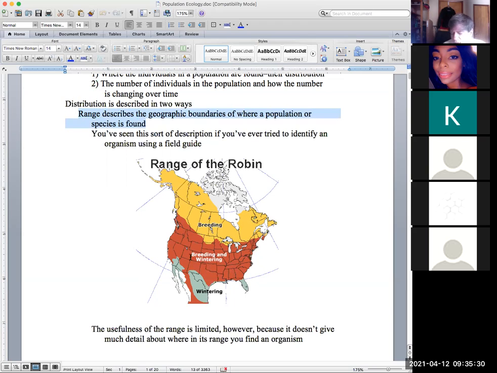A little bit further south, this area in red, most of the 48 contiguous states, but notice it goes up into Vancouver and down into Mexico. This is where robins breed, but also where they winter.